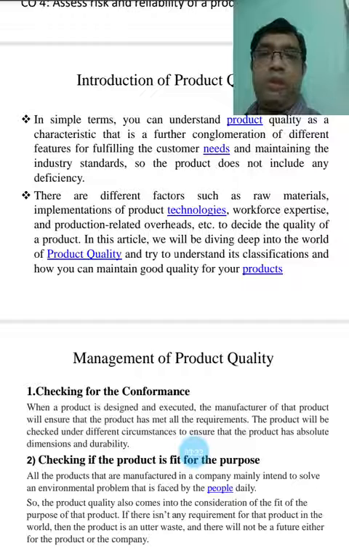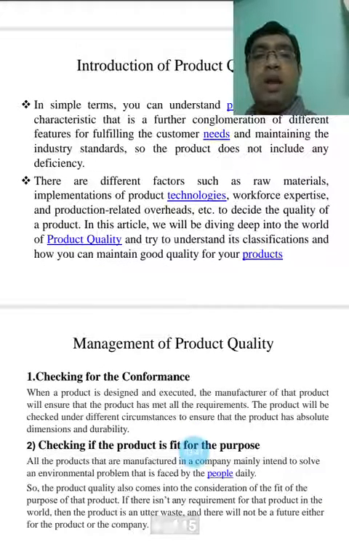We can see different types of technologies, but depending on which type of technology is applied, your production will be fulfilled and your product quality will be high. This is a very important factor for product quality.